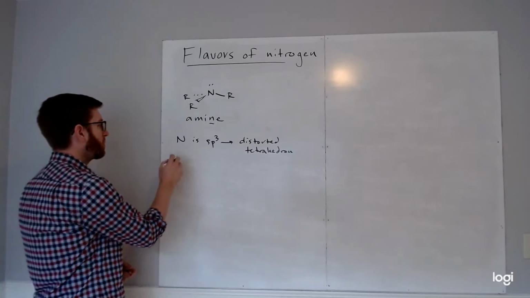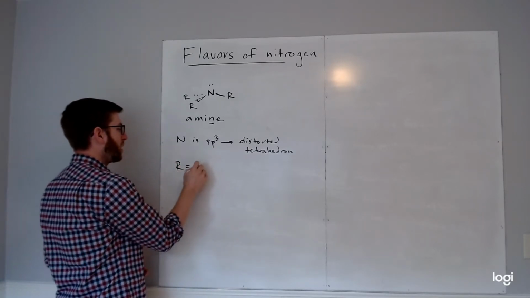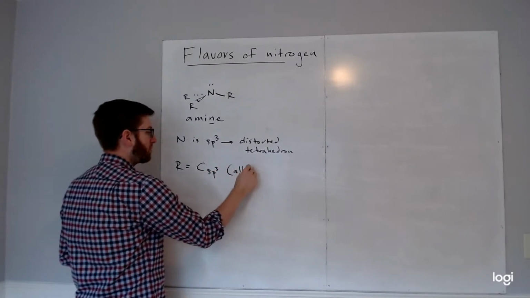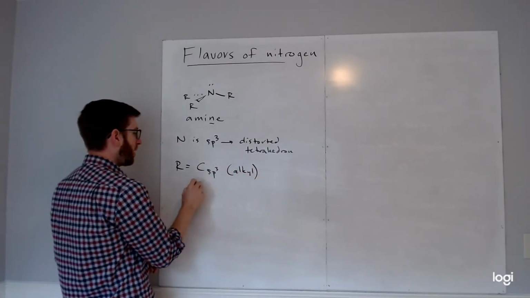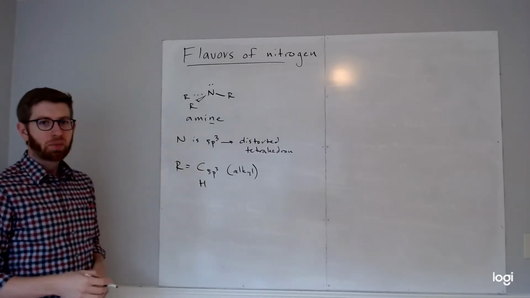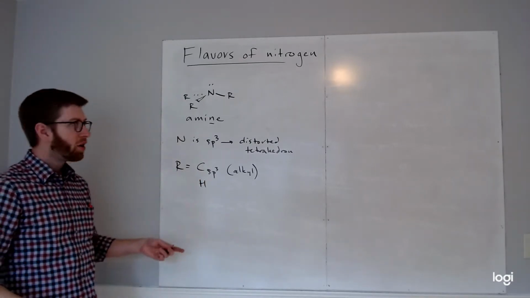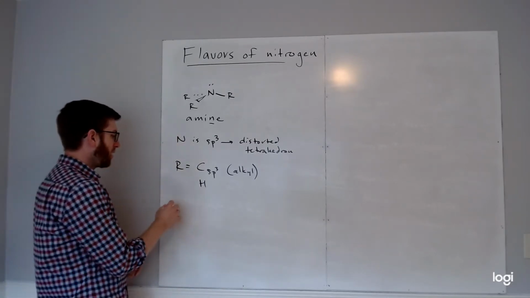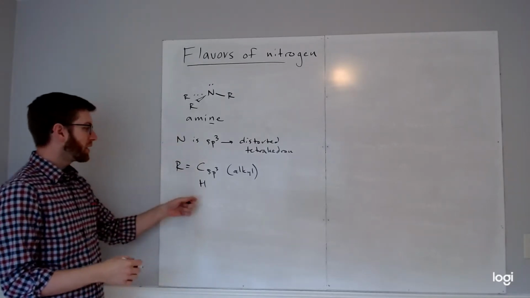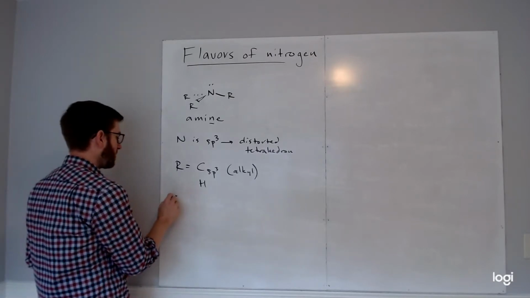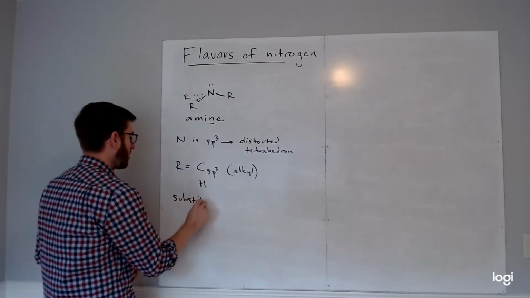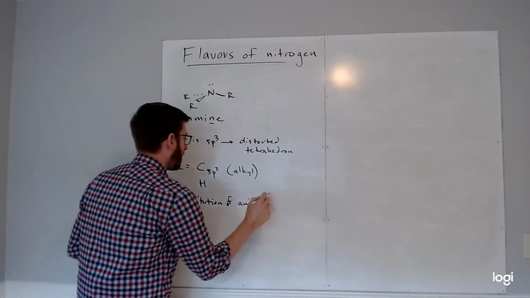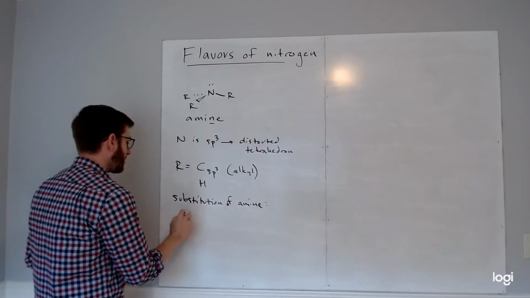So really we would think about R as being equal to carbon that's sp3 hybridized, so this would be like an alkyl chain, or hydrogen. Those are going to be our options for R groups. And they can all be the same, they can all be different, and we can talk about substitution pattern with respect to the amine by counting the number of hydrogens. So our substitution of the amine is going to be the number of H's.